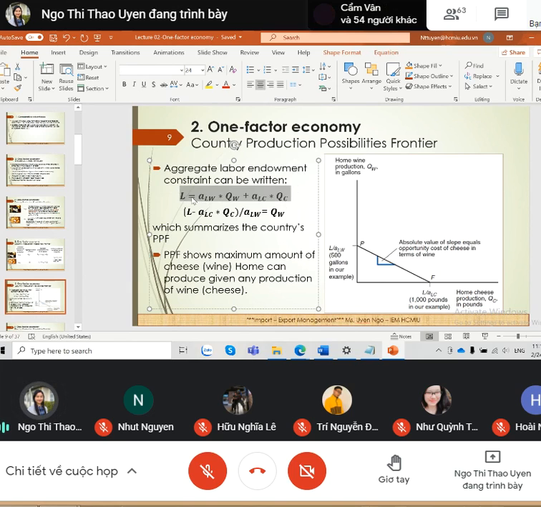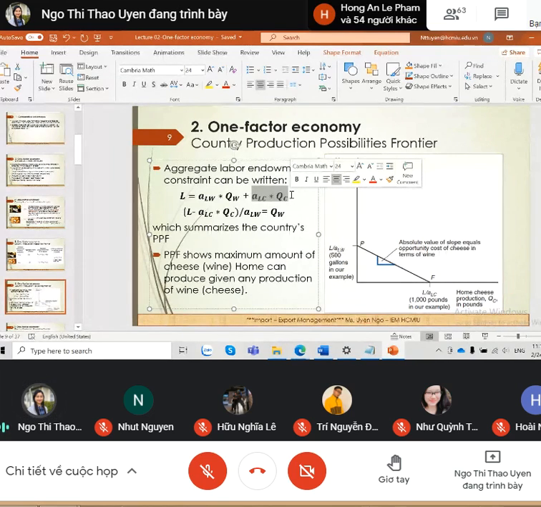We put L equals here instead of smaller or equal because we want to draw the line. Then we make it a function. So L equals the amount of labor in wine production plus the amount of labor in cheese production.